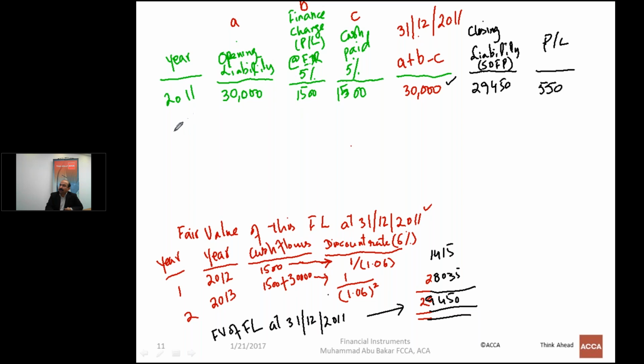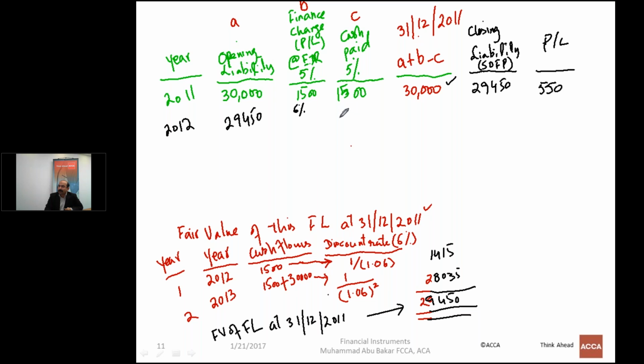The same way you will continue, though it is not required, but in 2012, this is the opening balance, and you will be applying 6% on this, because now the effective interest rate for this year is 6%.